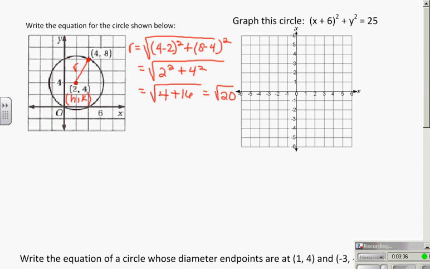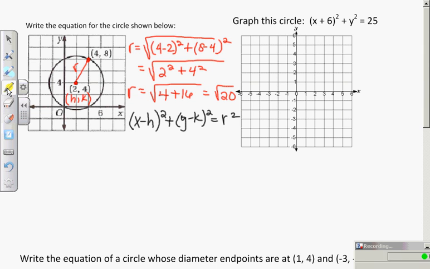Now I'm going to leave my radius as the square root of 20 for right now. I'm going to go back to my generic formula, (x minus h) squared plus (y minus k) squared equal to r squared, and substitute in for each of my values.